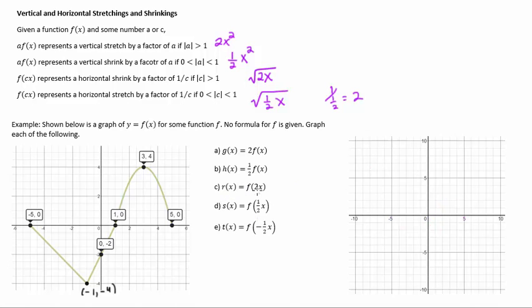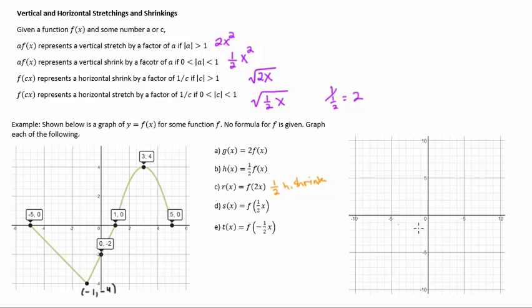Now part C, remember we're inside now, so this is a horizontal shrink by a half. Because we're affecting our x values, and anytime we affect our x values, it's the opposite of what you would think.